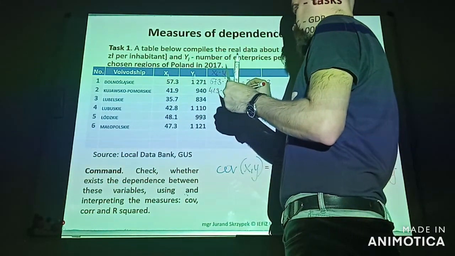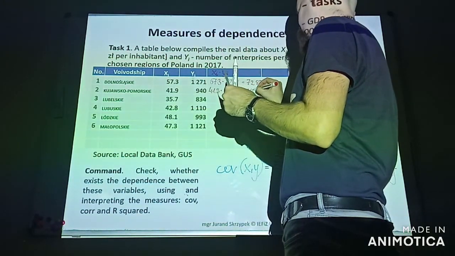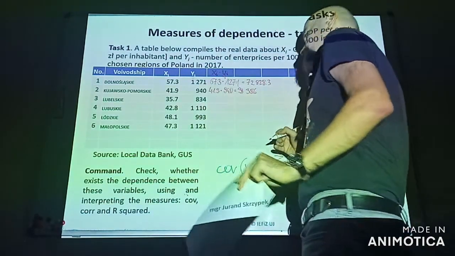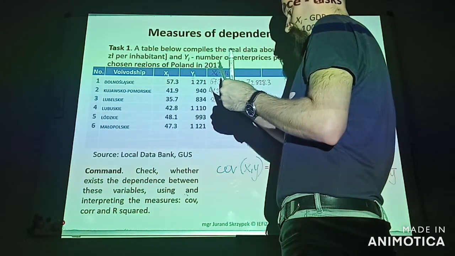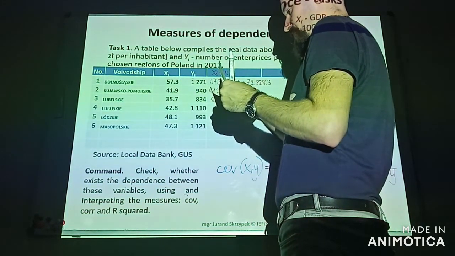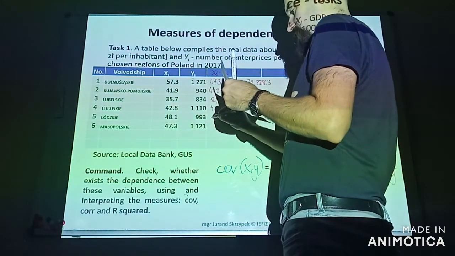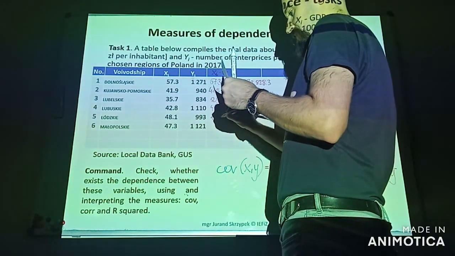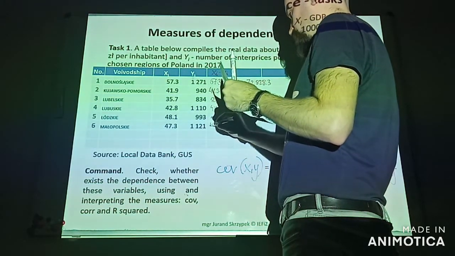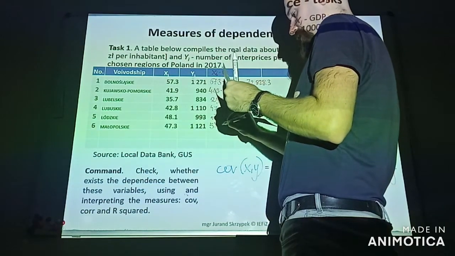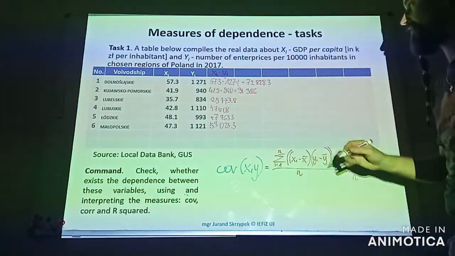It is 39,386. And so on. The next values are the following: 29,773.8, 47,508, 4,763.3, and finally 53,023.3.